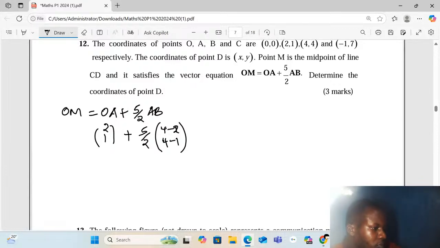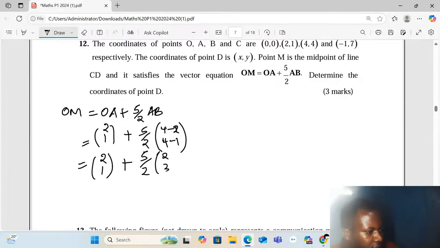Now, OM is going to be the vector 2, 1 plus 5 over 2. Now we subtract: 4 minus 2, you get 2. Then 4 minus 1, you get 3. So our final one will be 2 plus, when you multiply and open up, then we add to 2.